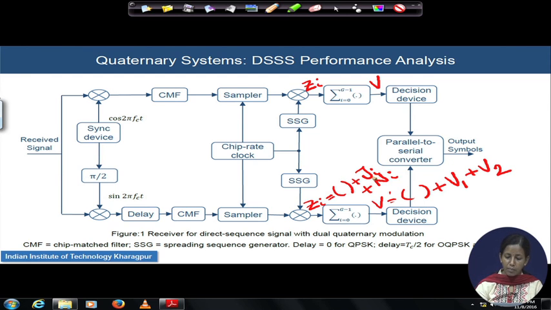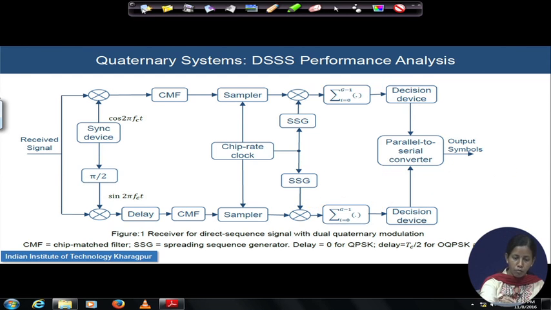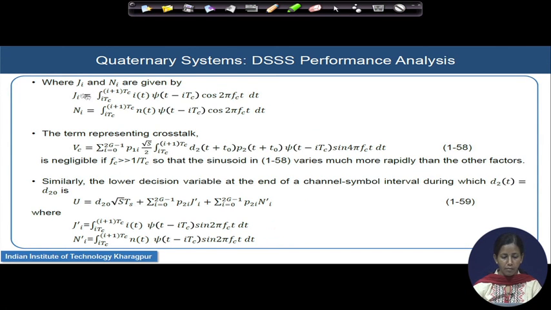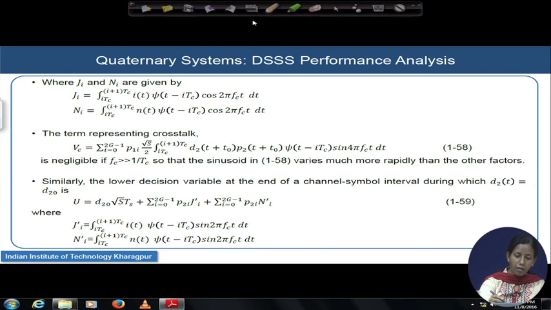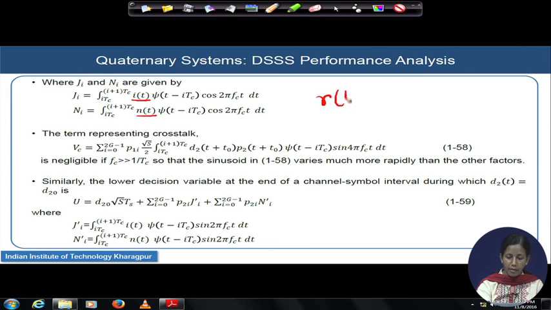The corresponding expressions for JI and NI we will recall from the previous understanding. We have several times seen both of these expressions in the previous module, where IT is the jamming signal, NT is the noise signal, and like the earlier modules, RT has a signal model like ST plus IT plus NT.